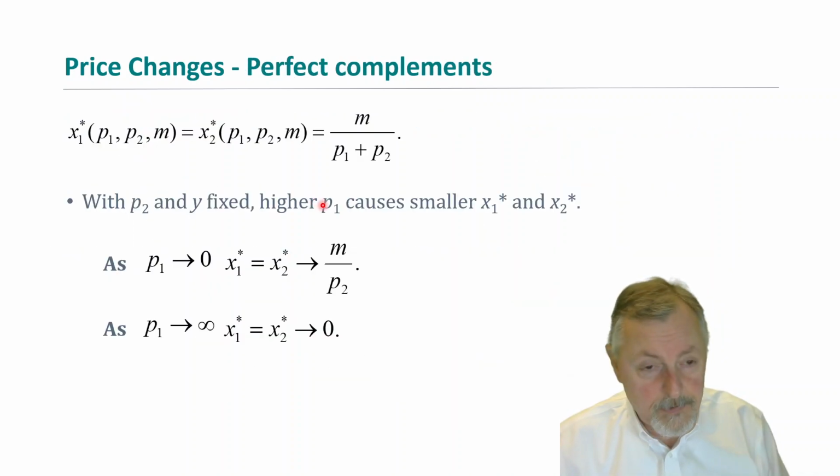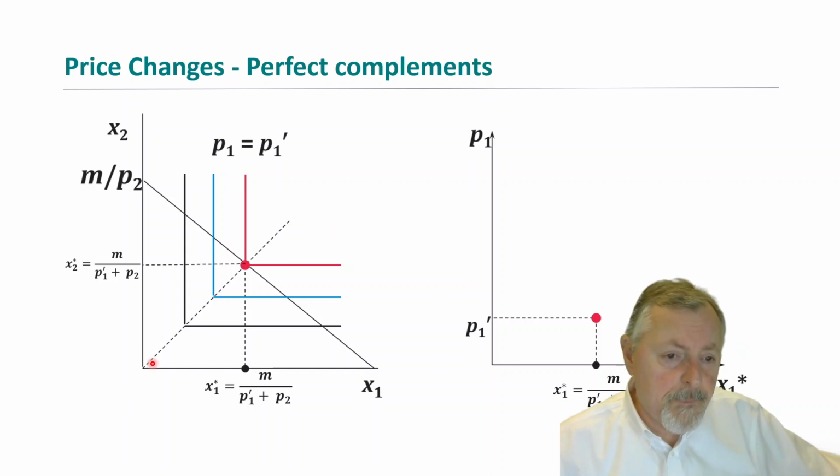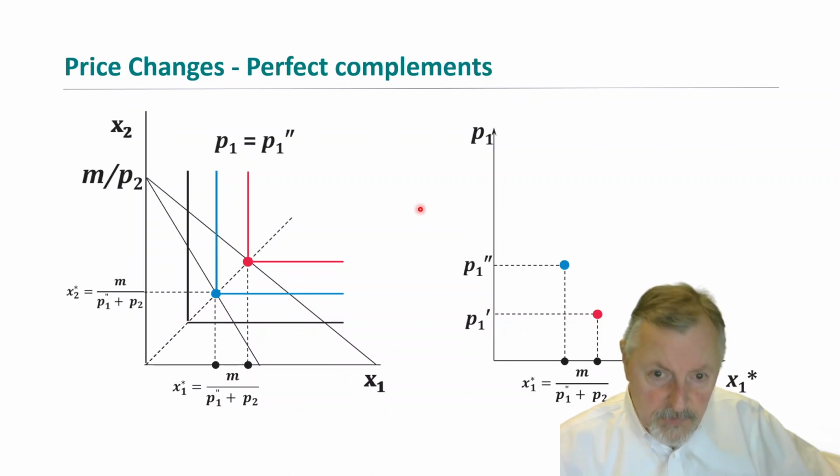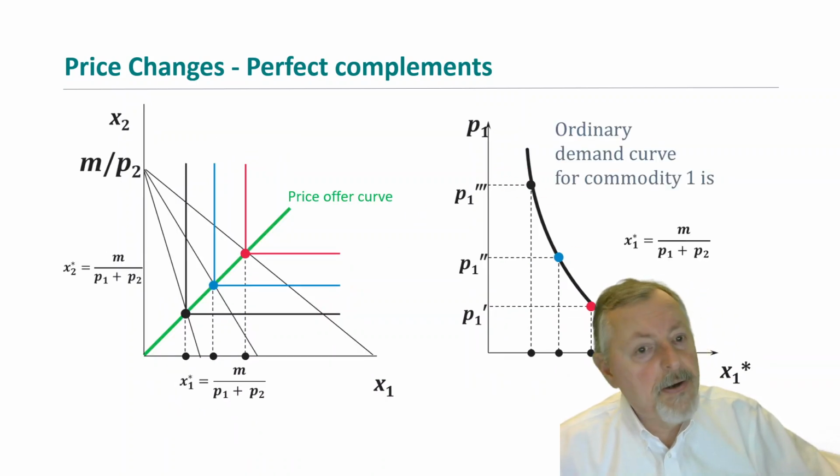There we go. That's Dr. Varian's term. It is linear. And if you plot these different points, you get the demand curve.